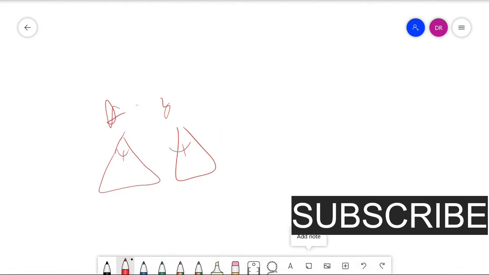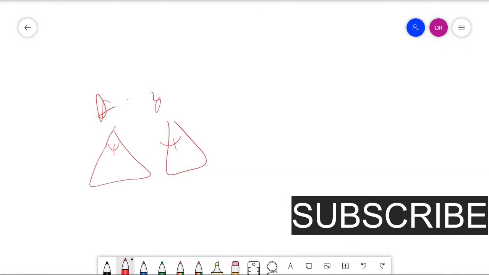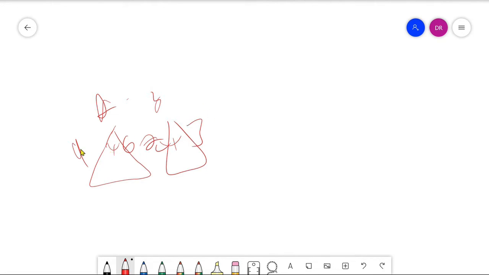So let's say with these two triangles, this was 4 and this was 2 and this was 6 and this was 3. Let's just say that you would know that they are similar because of side angle side. You know that two sides are proportionate, and you know that one angle is congruent.